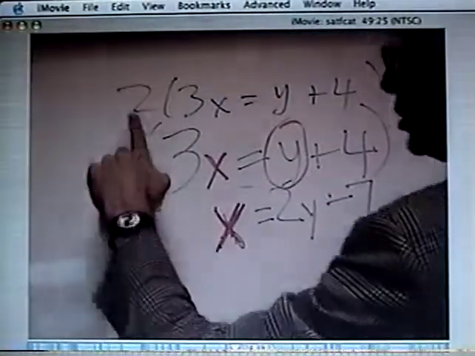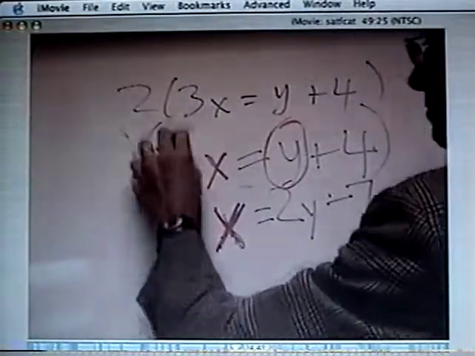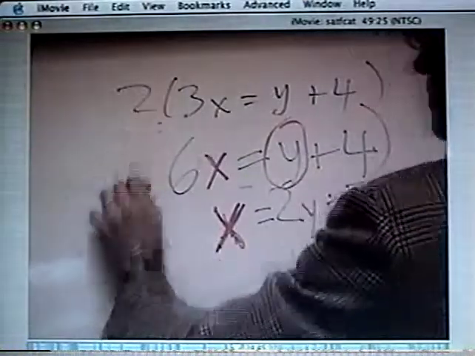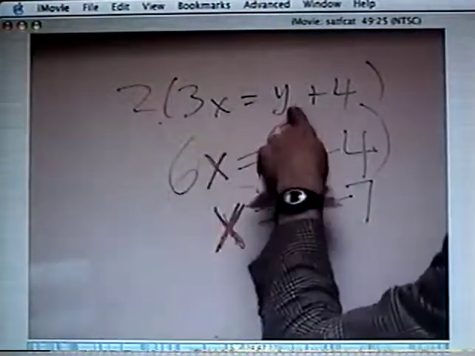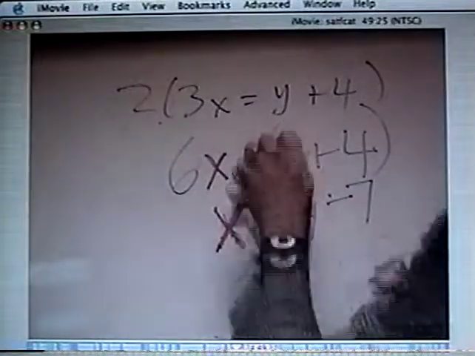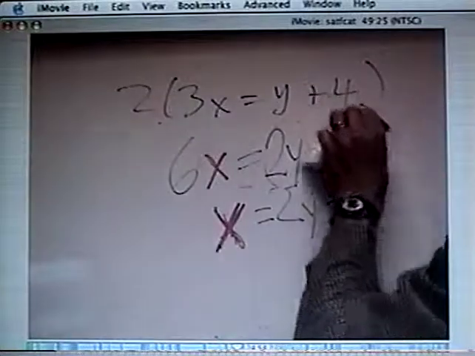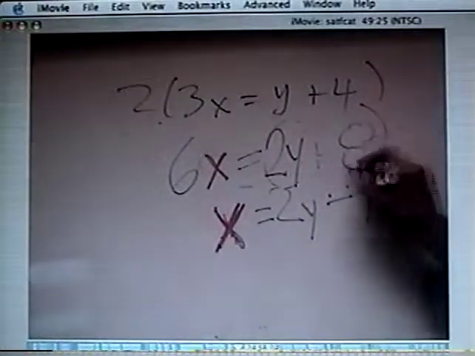So if I multiply by 2, I'm going to get 2 times 3. Absolutely. It's going to be a 6. 2 times y, 2y. 2 times 4. This will be an 8.